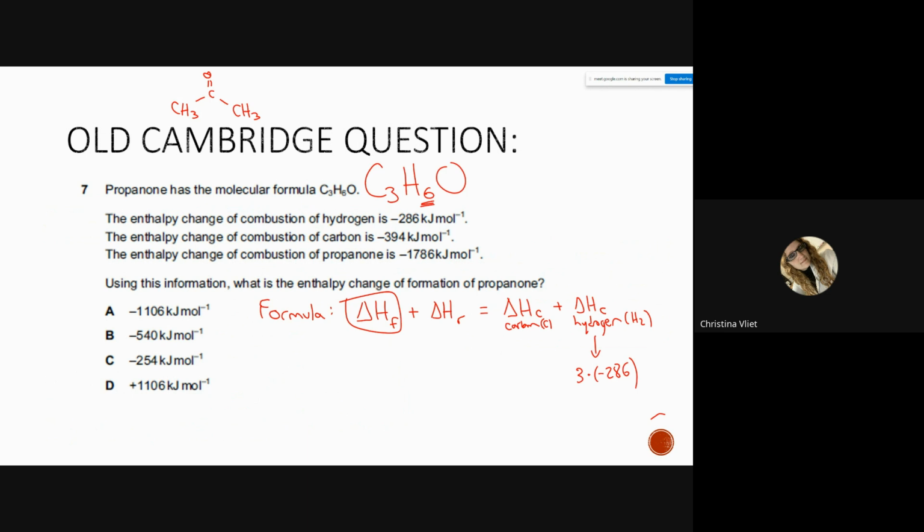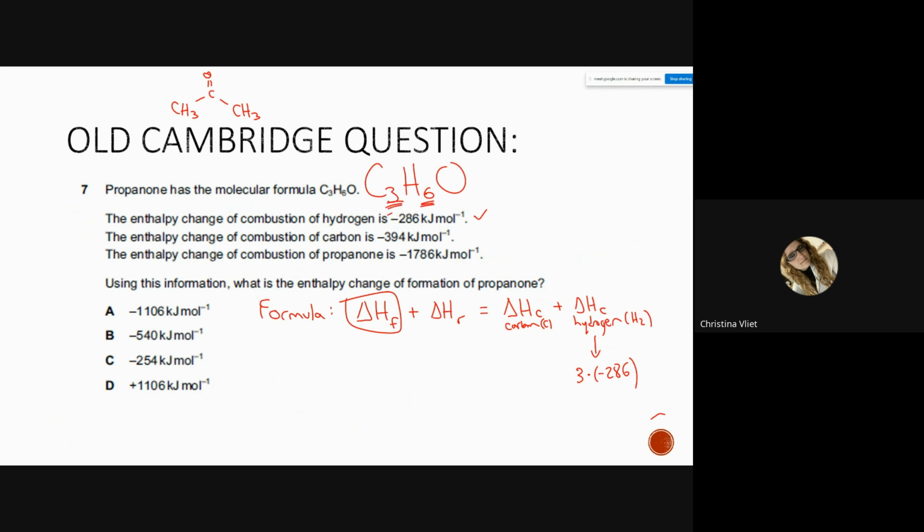Alright, carbon. So I did this, check mark. The number for carbon, it says combustion of carbon, is that this or this? The one that says carbon, right? Carbon exists as single atoms, and there are 3 of them in this molecule.